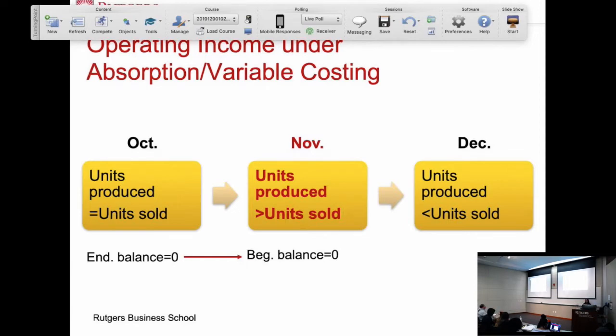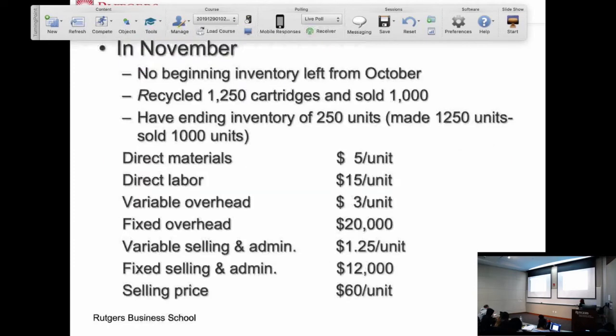So let's look at the information for November. As I already mentioned, there's no beginning balance for November. And in November, this firm made 1,250 products, and they sold 1,000 units. So from this information, what's the ending balance for November?